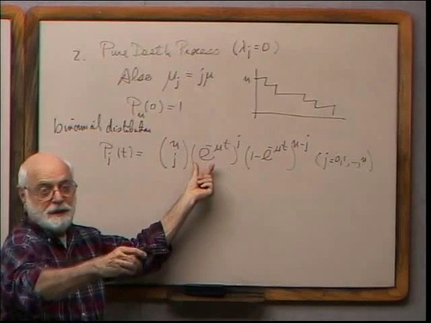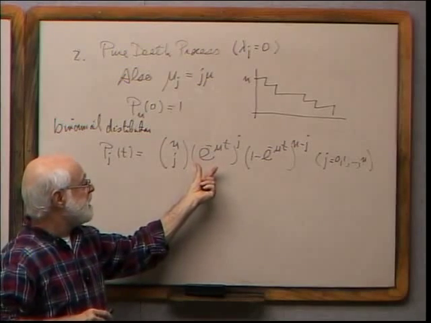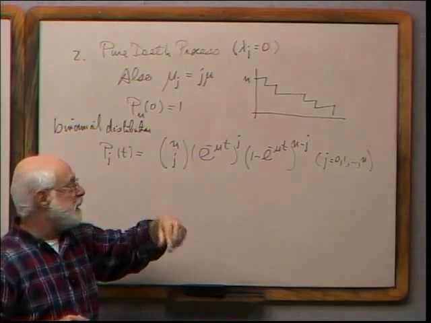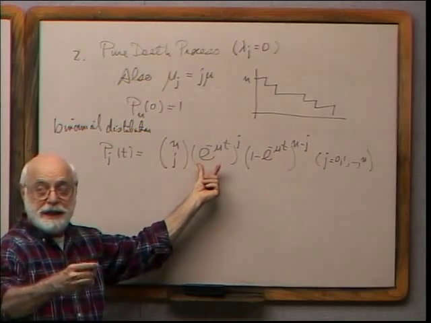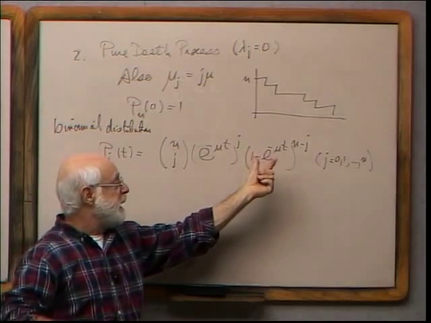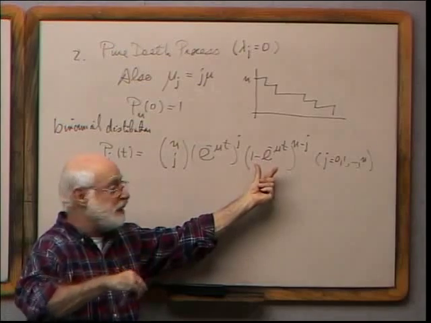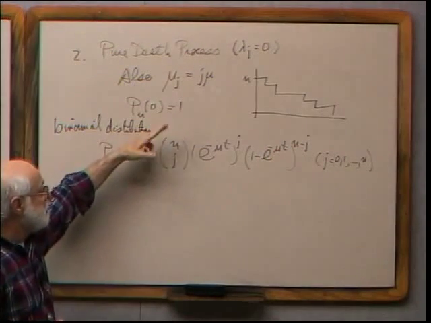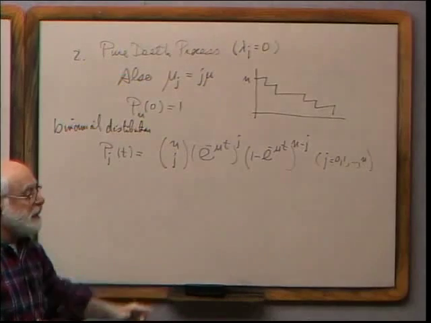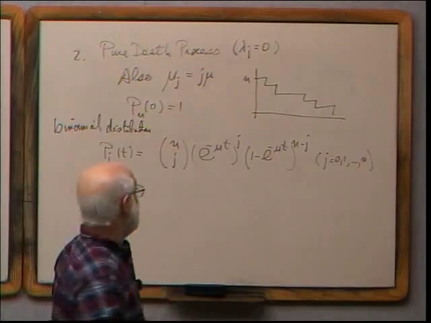So the probability that exactly j of them would last longer than t would be the probability of any one of them lasting longer than t to the j times the probability of any one of them lasting less than t to the n minus j, multiplied by the number of different ways I can pick the j individuals out of the n, which is the binomial coefficient.